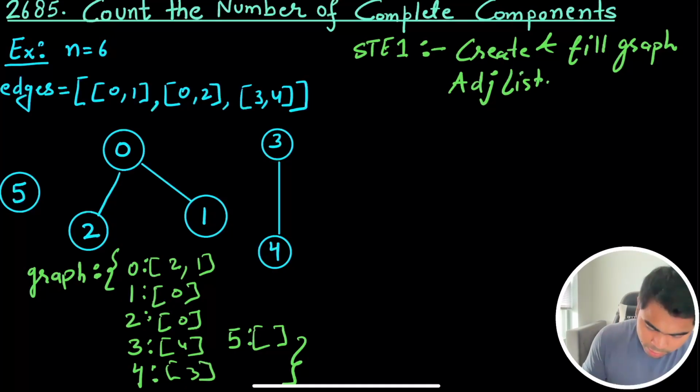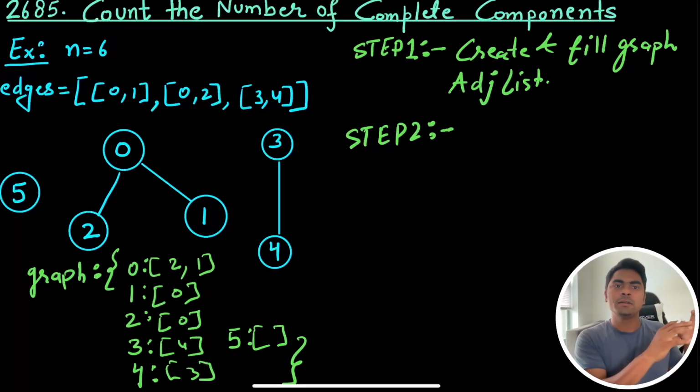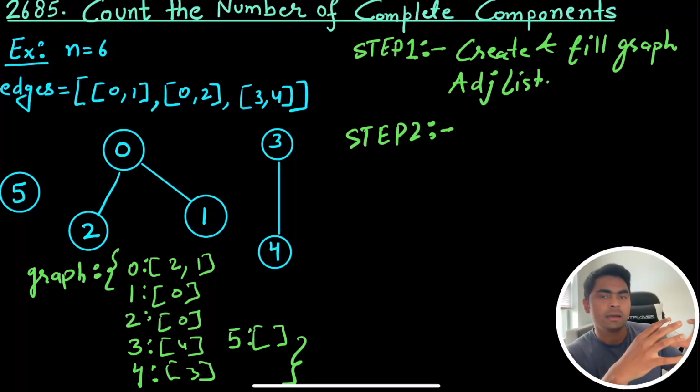All right, now step 2, sorry about this, that is not the right spelling of step, STEP, step 1. Now step 2 would be collect all these nodes in each component.